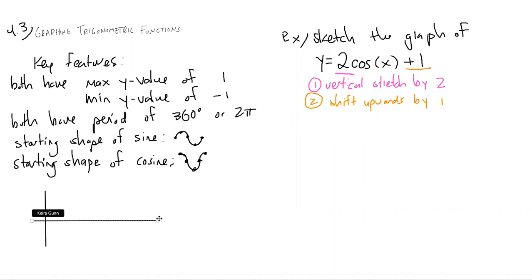box perspective. So if we start off with a cosine graph, I'd start with my 5 points. So I go top, middle, down, middle, top, and I'll connect the dots, make it smooth.